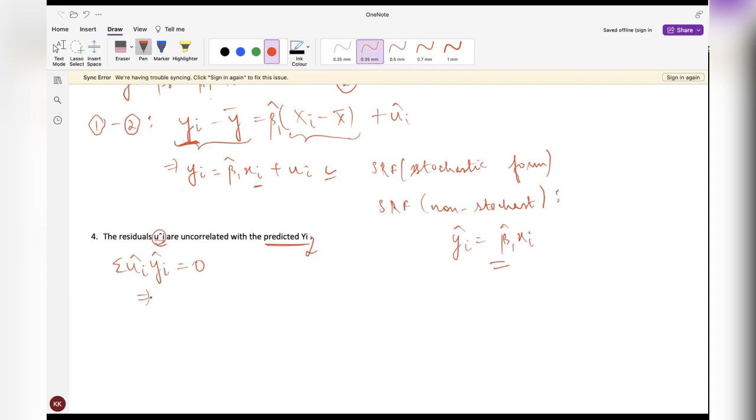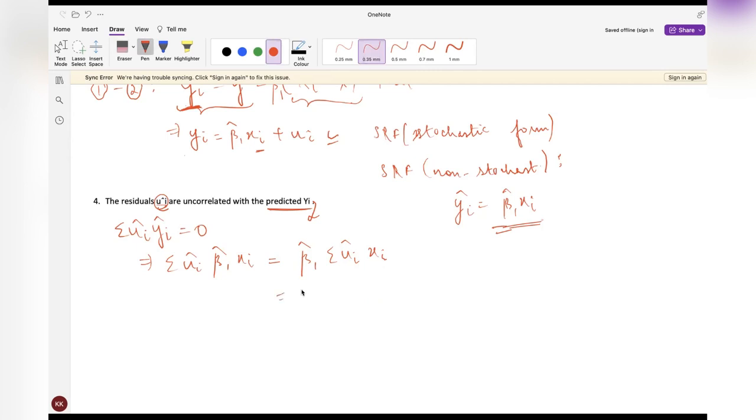For proving this, we will first substitute the value of yi hat, which was equal to beta 1 hat xi. So this can be written as beta 1 hat into summation of ui hat into xi, right?